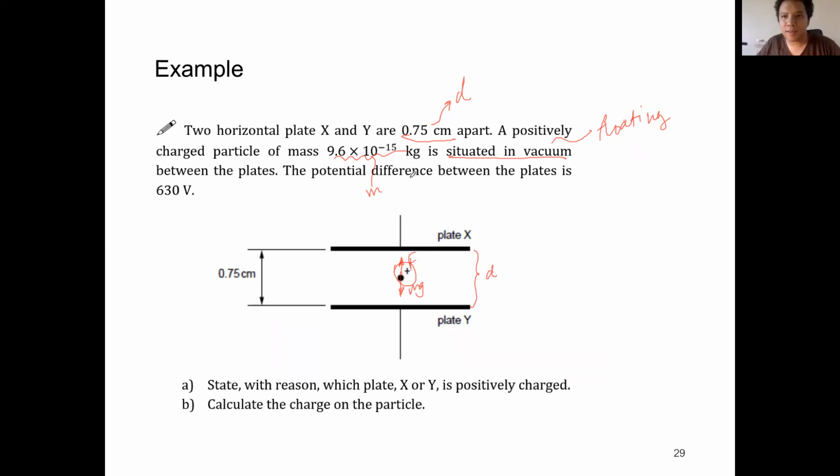Okay, so let's continue with the question. They say the potential difference between the plates is 630 volt. The voltage here is 630 volt. Then if we go back to consider the floating force, the force that can bring the charge up.